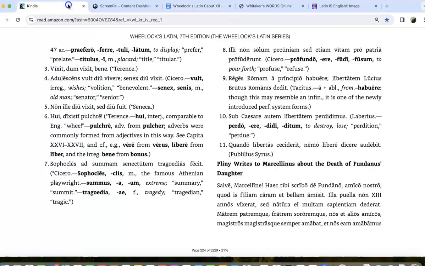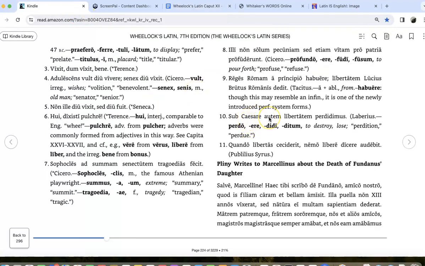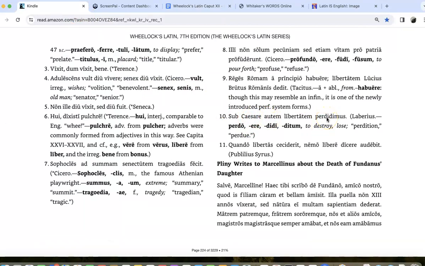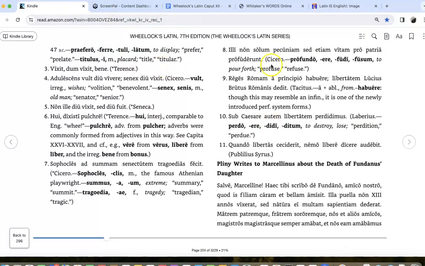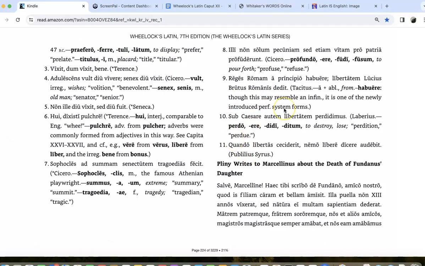So this one's fairly straightforward. Perdidimus, so -imus is we, and then destroyed. Liberty is third declension accusative singular, -em, and then under Caesar is also third declension, that's why it ends in -e. And we'll stop with that one, and you can do 11 on your own if you're interested.